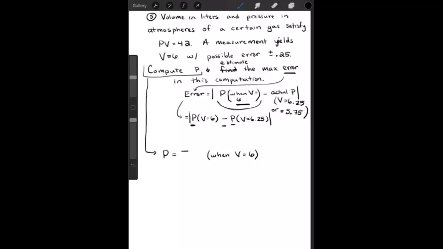Right, 7. We know that p times v has to be 42. So if v is 6, p has to be 7.